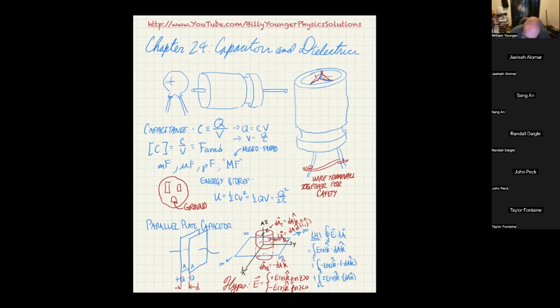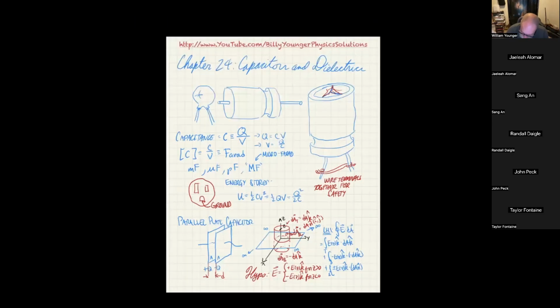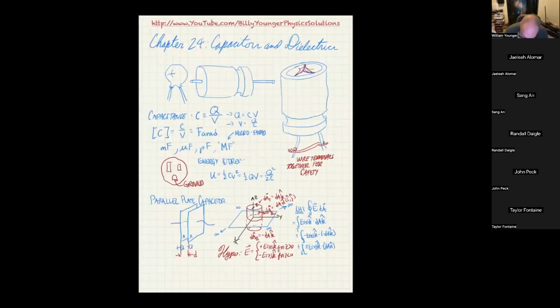Now, dA n hat has to be 0. So we can write this now. I'm going to say equals. I'm going to draw this arrow over here.